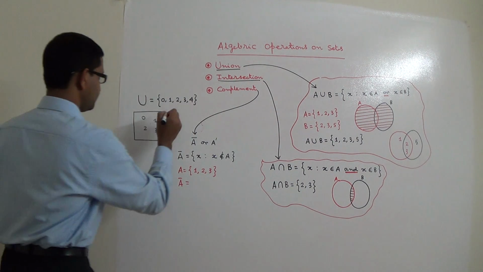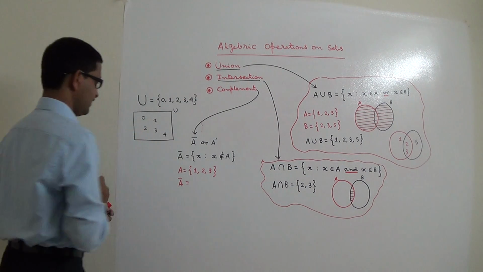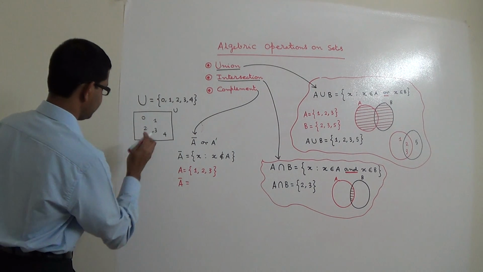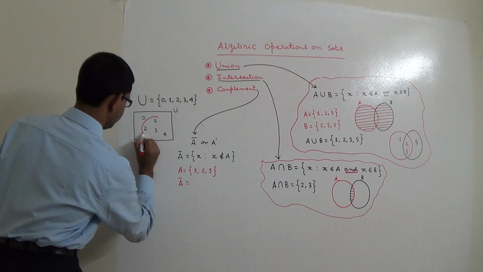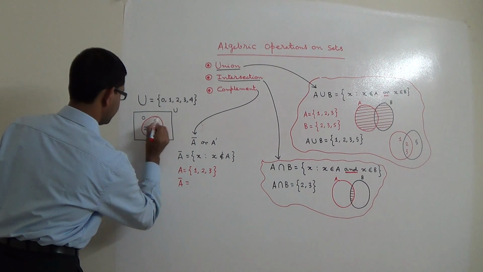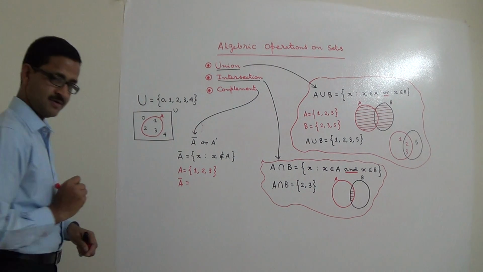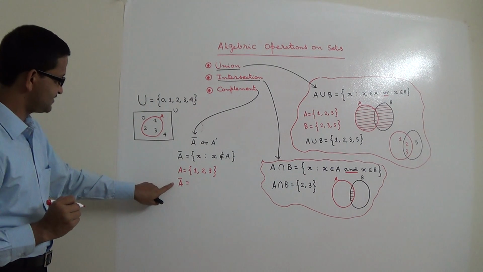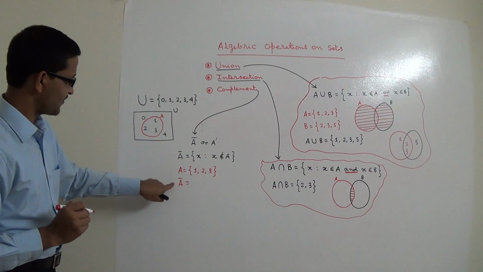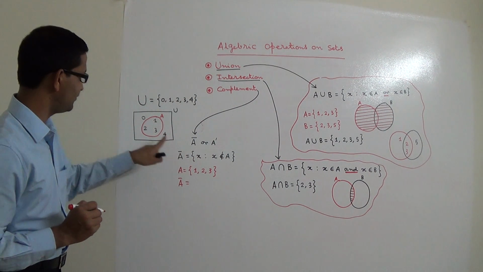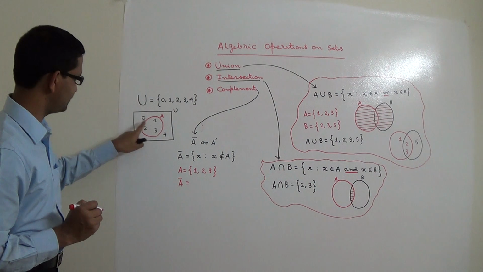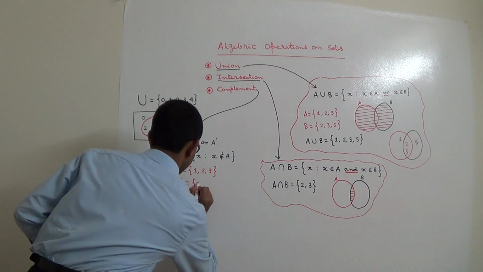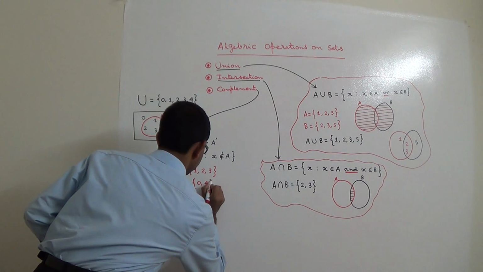That is the universal set U. Now the set A is 1, 2, 3. Now what is A prime? A prime is the set containing elements which don't belong to A. What are the elements left? 0 and 4, right? So A prime will be 0 and 4.